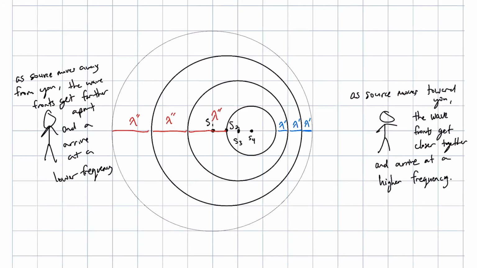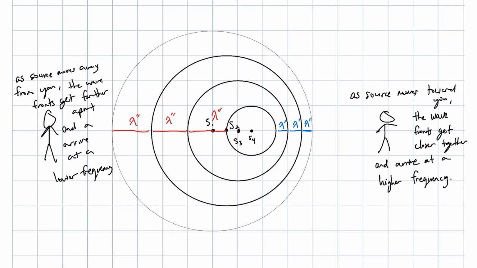The pitch literally drops, because as something's getting closer to you, you're getting those sound waves to reach your ear at a higher frequency. But when the ambulance is moving away from you, now the spacing between the waves coming from that ambulance is getting farther apart. Therefore, they arrive at your ear at a lower frequency, and you hear a lower pitch.